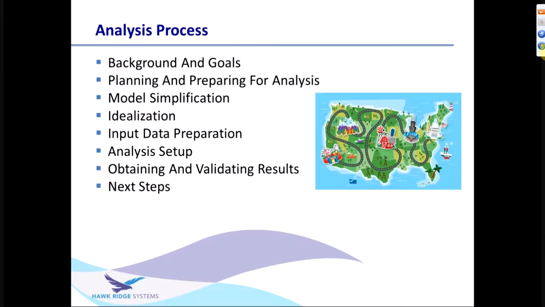Along these same lines, when we simplify the model, we also look into idealizing elements of your design, such as what I'll be discussing here, using spring connectors to represent the stiffness of your components. When making both model simplifications and idealizations, we also want to make sure that you understand the associated assumptions.